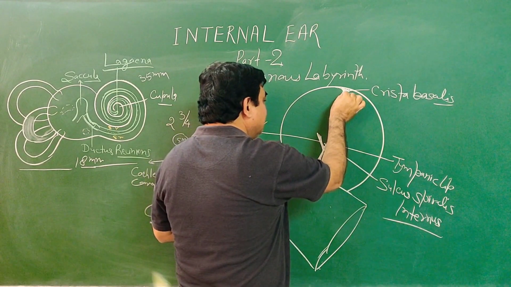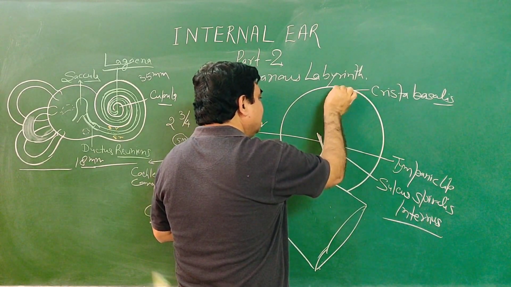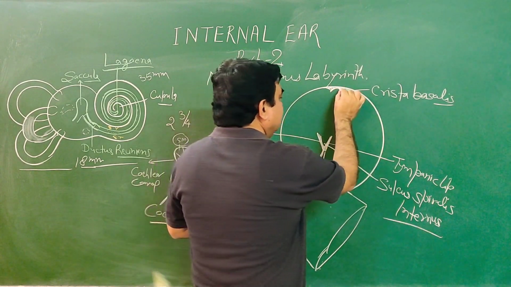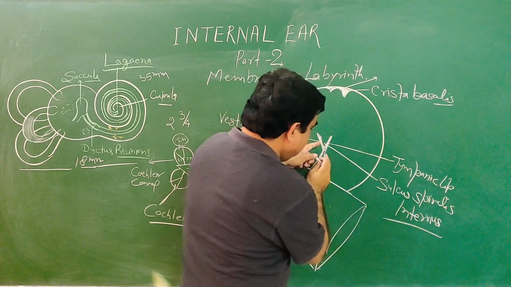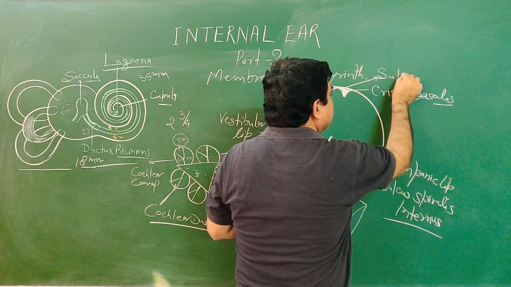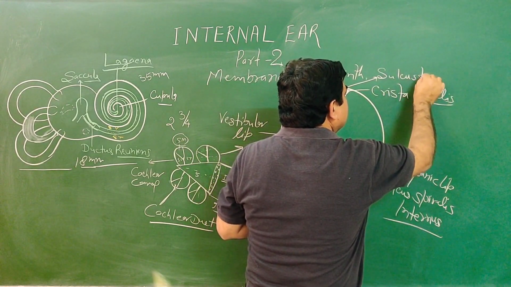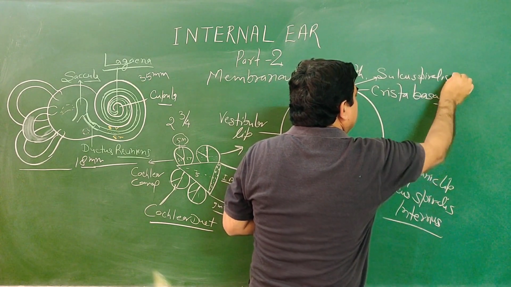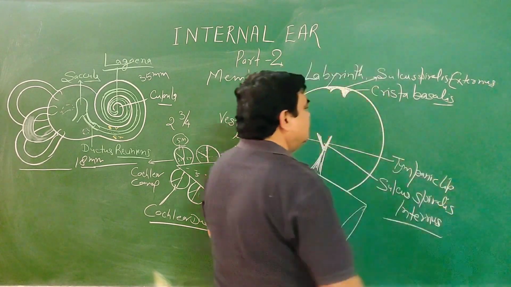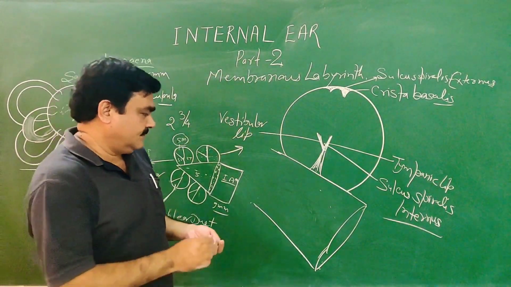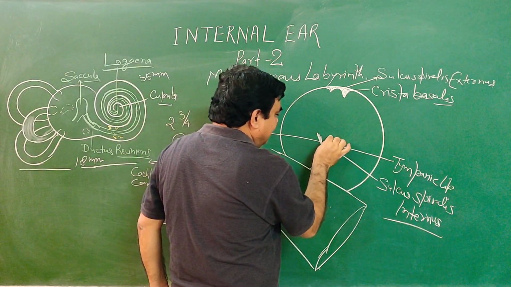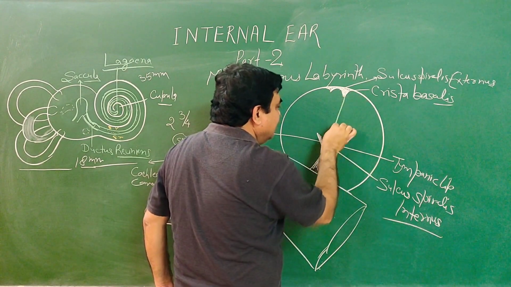And here a sulcus is present. This sulcus is the sulcus spiralis internus, and this sulcus is the sulcus spiralis externus. And here one membrane is attached. This is the basilar membrane, from here to here. This is the basilar membrane.